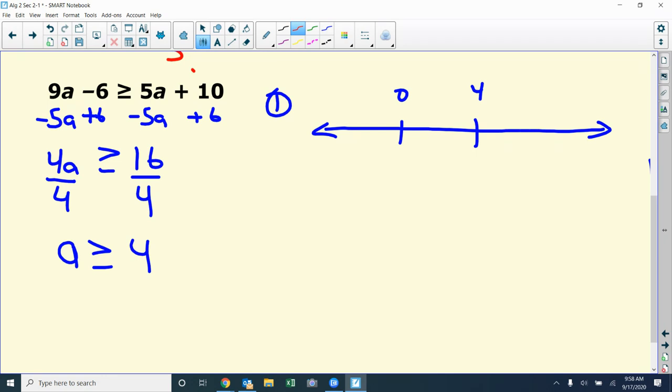So it looks like A needs to be what? Greater than or equal to 4. Did I do my math right? Everybody else get that? Give me a second to finish your 3 ways. And my number line ready.